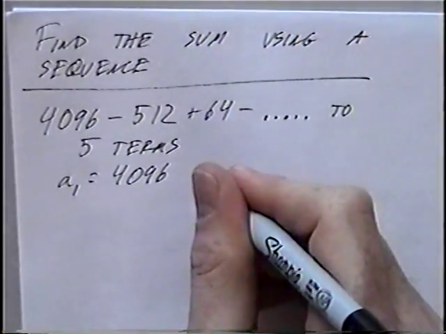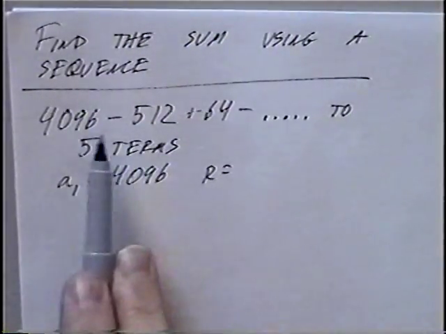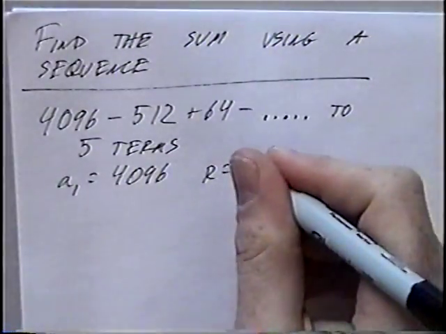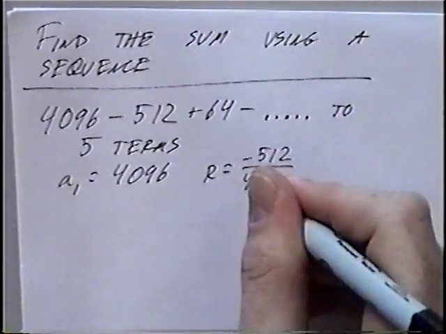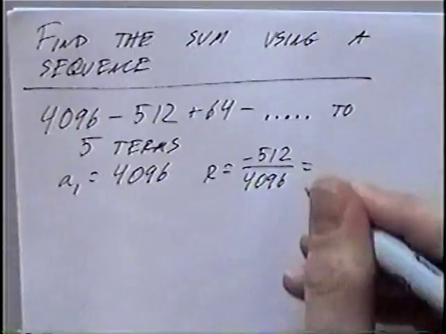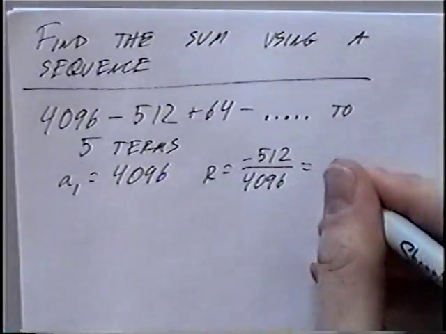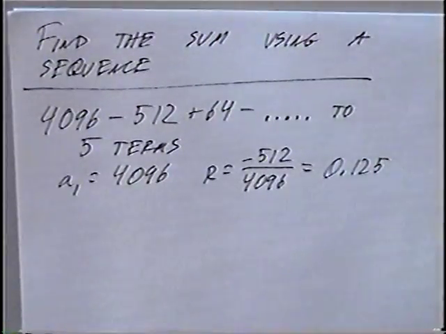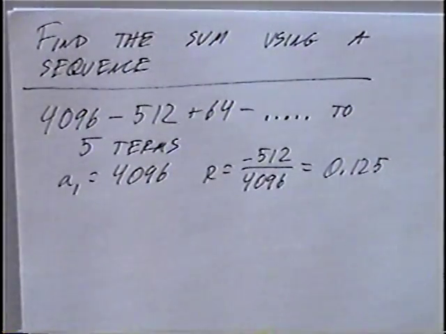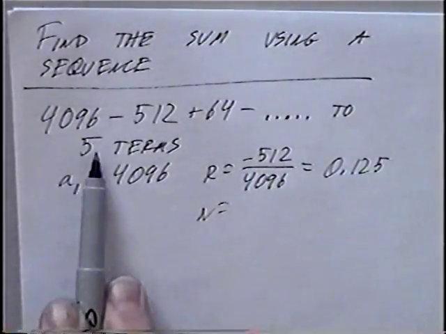To find the rate for a geometric sequence, we'll take the second number divided by the first number, which is negative 512 divided by 4096. If we change that to a decimal, it comes out to 0.125. And the number of terms that we want to sum would be 5.